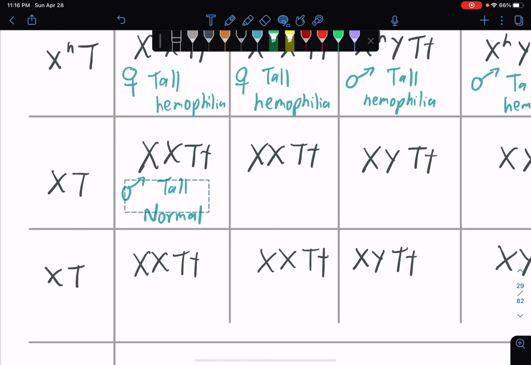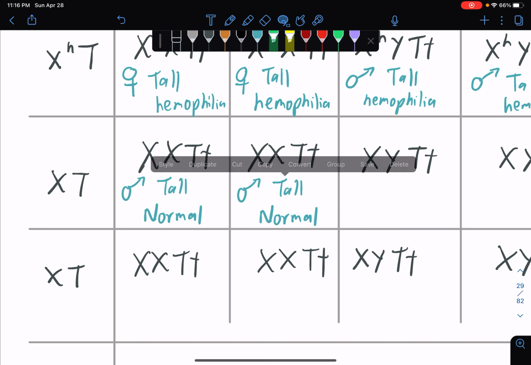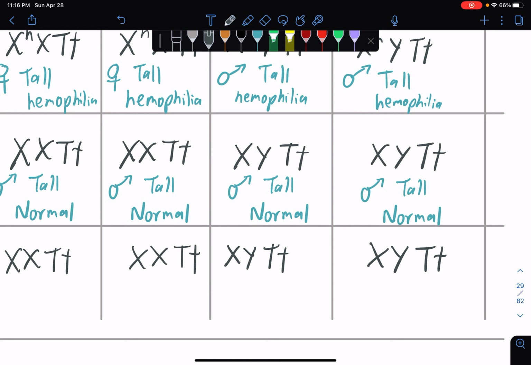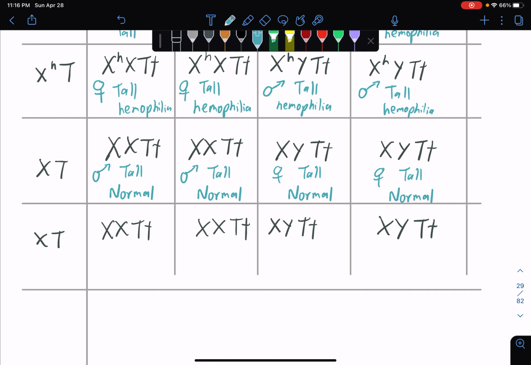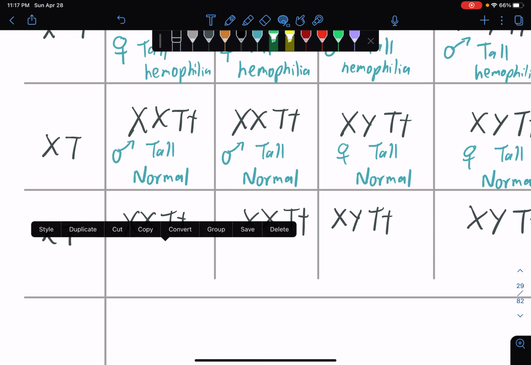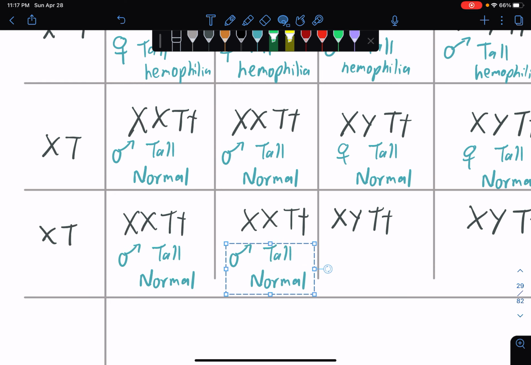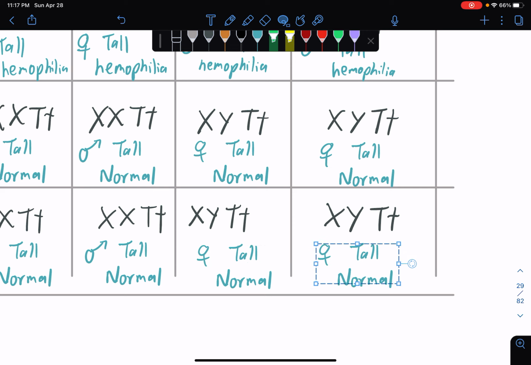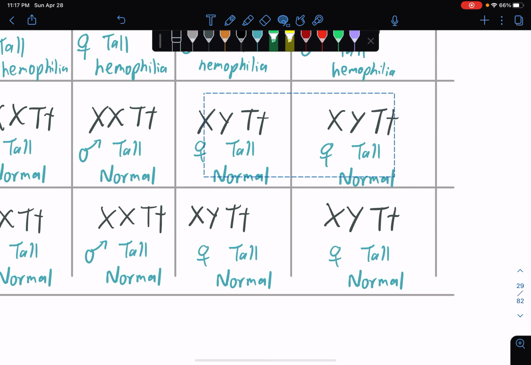That also goes for the next. As you can see, it's literally the same writing. For the other two, they're all tall and normal. The only difference is the sex. Essentially they're all the same, these two below. And these other two at the right follow suit from what's given above.